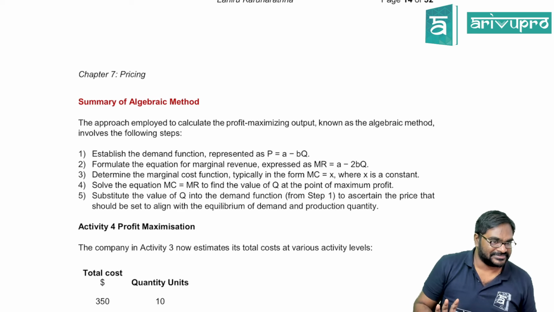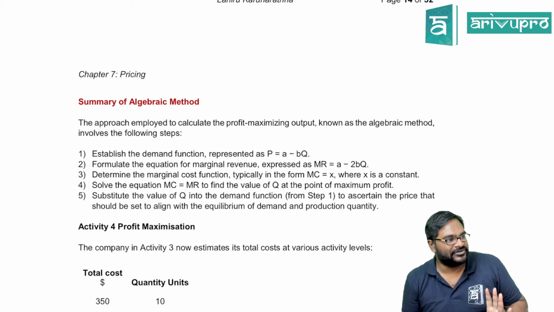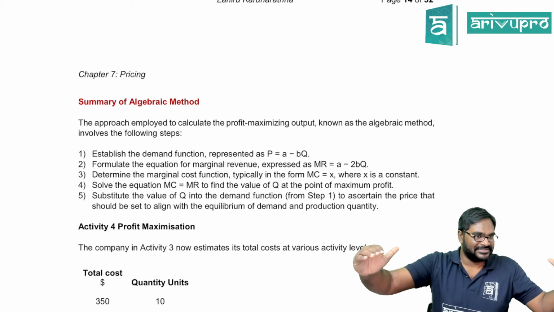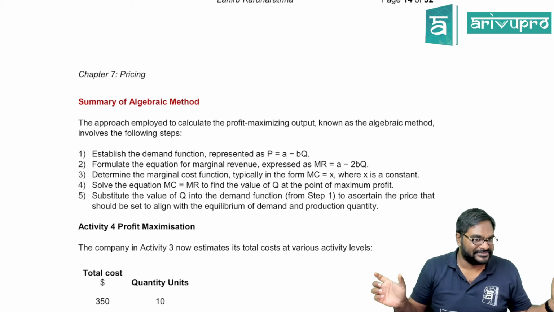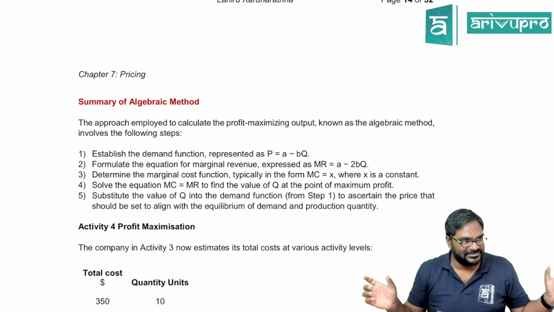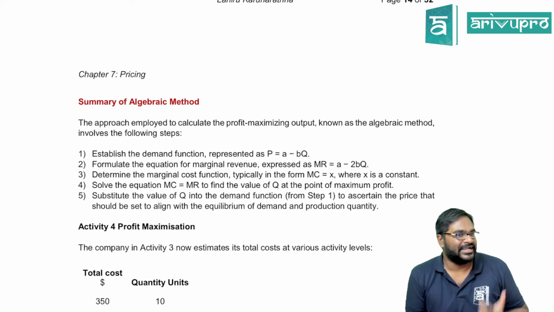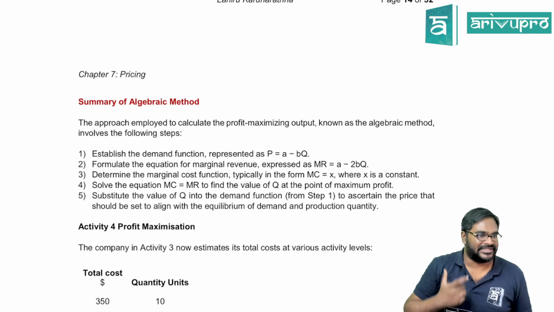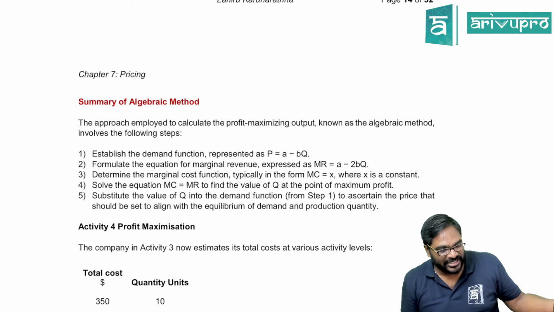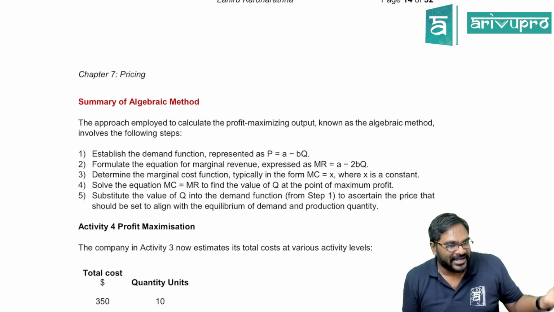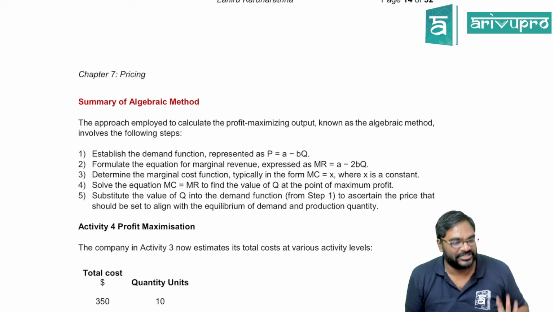Are we good? Then the optimum point would be where your marginal revenue is equal to marginal cost. So solve the formula. Then you will get the Q, right? That is the quantity at which you will have the maximum profit. Take that quantity and use that in your price formula to get the price. So that's what we need to do.